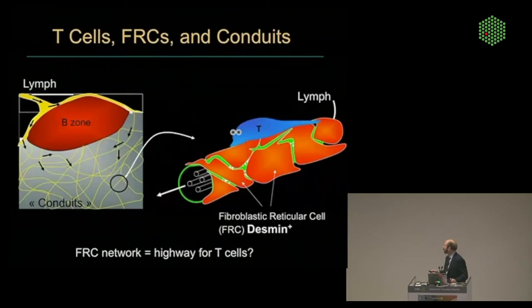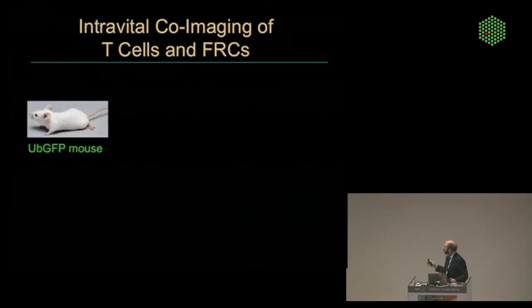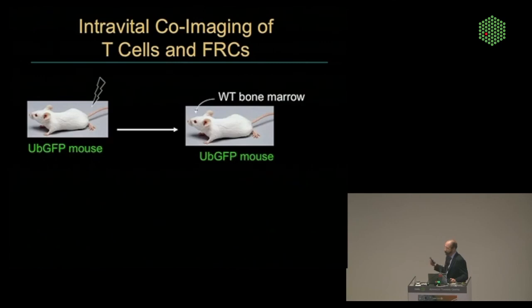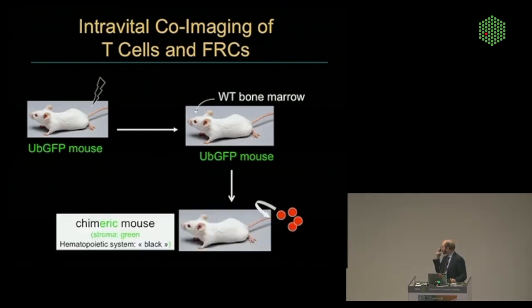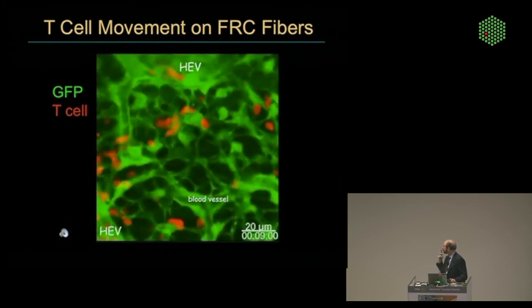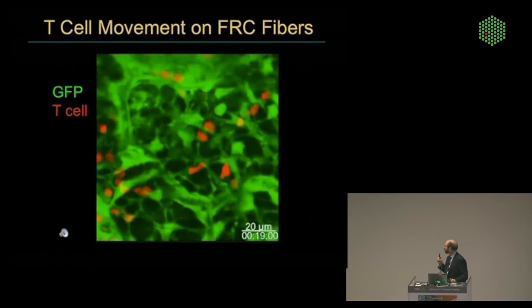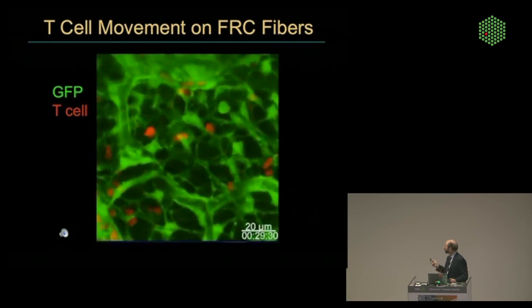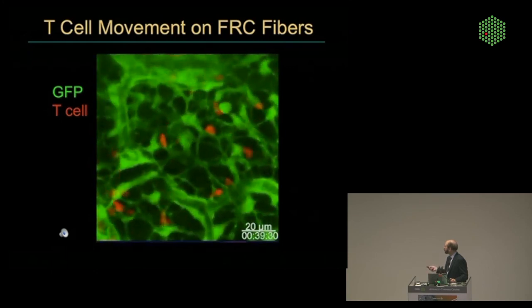So to get at that, we've created an animal that is pan-green and then transferred in bone marrow that's in a different color. So we can now look at the stromal elements in green and the lymphocytes in another color. And when we do that, what we see is, as I told you, these cells are moving along the fibers.